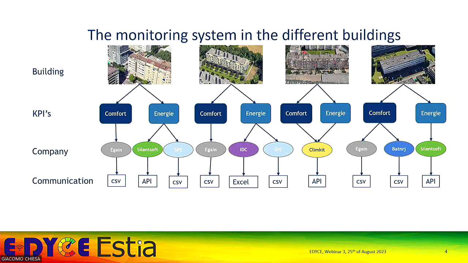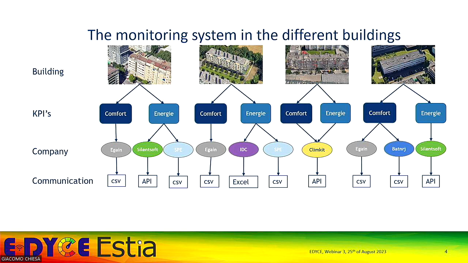What it looks like when we summarize the type of monitoring that we used is this. We had a lot of different monitoring types. And as you can see on the communication line, communication was sometimes difficult for us. We would mainly get CSV files, which is not ideal for a fluid data flow.